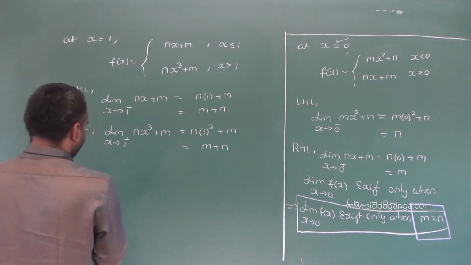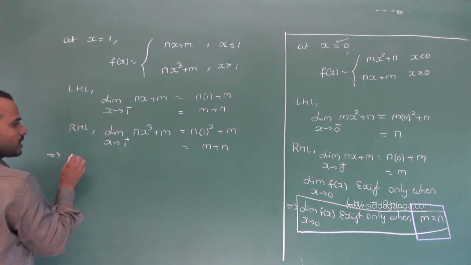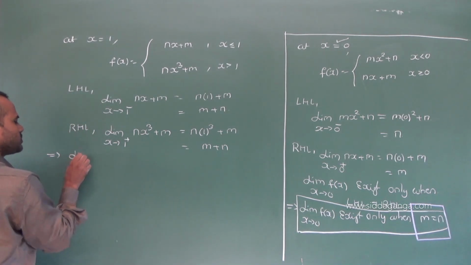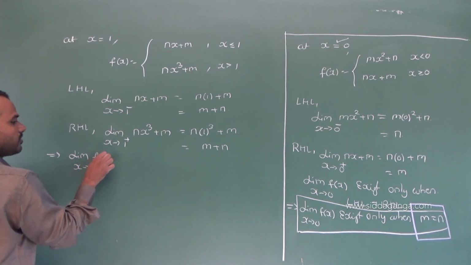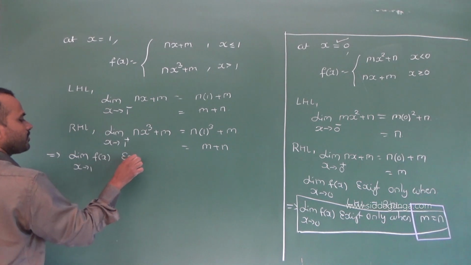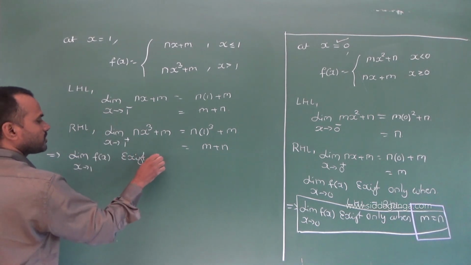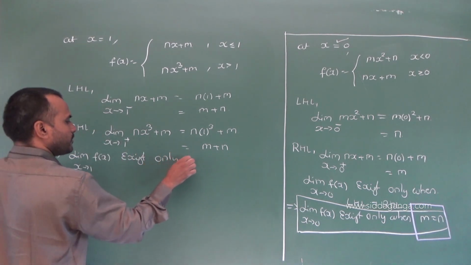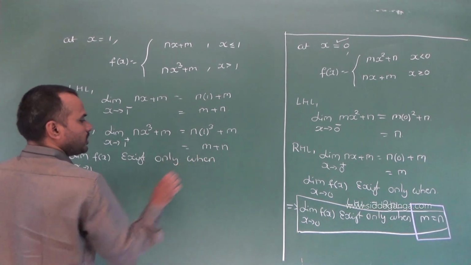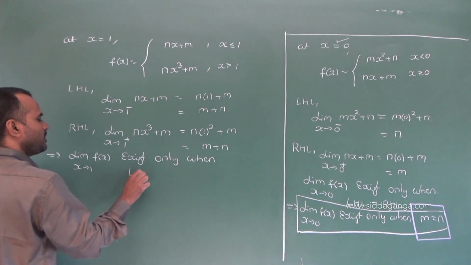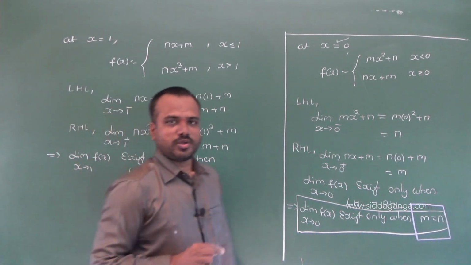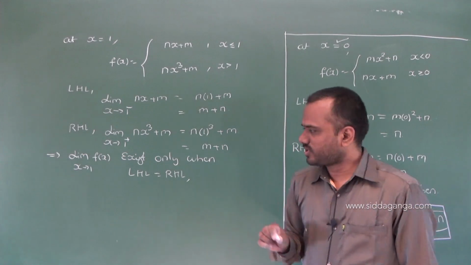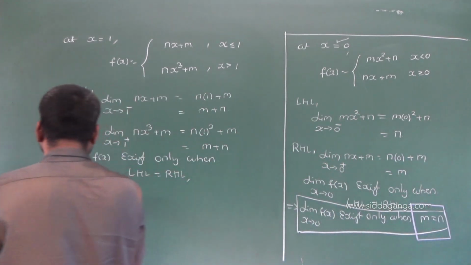Then that implies, same sentence we write here, the limit as x tends to 1 of f of x exists only when left hand limit is equal to right hand limit.